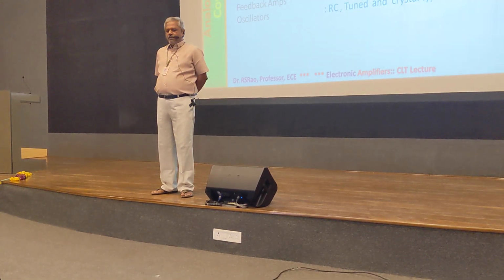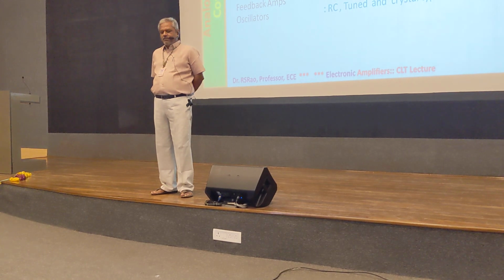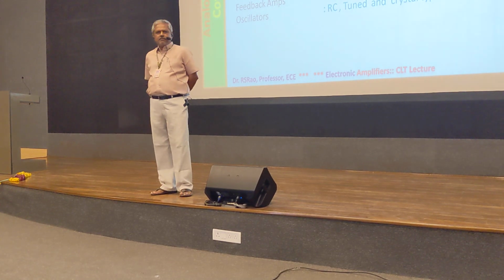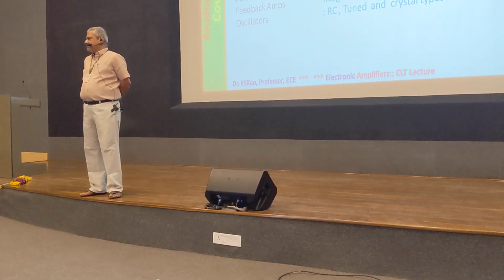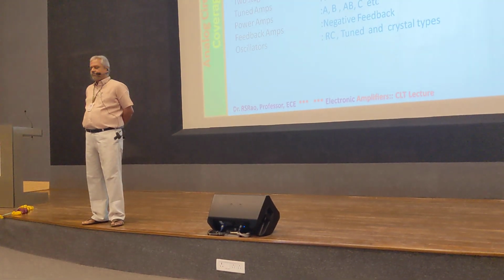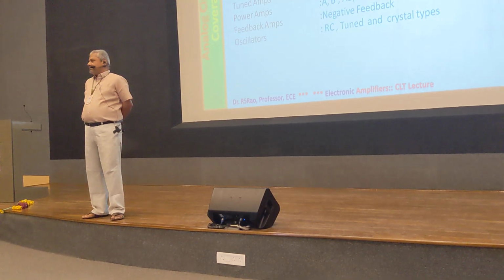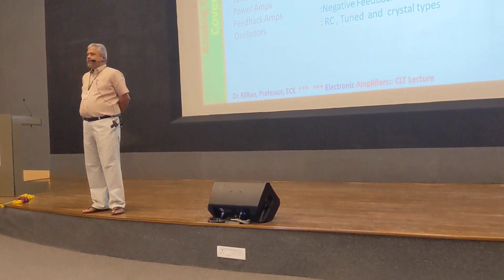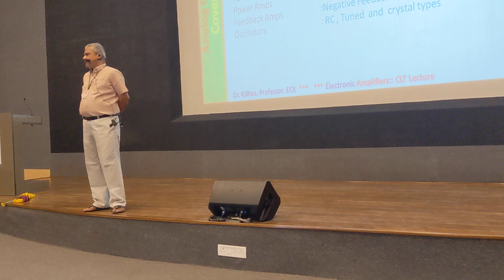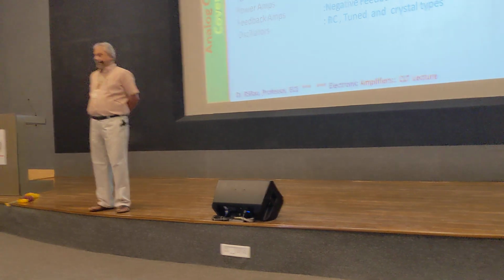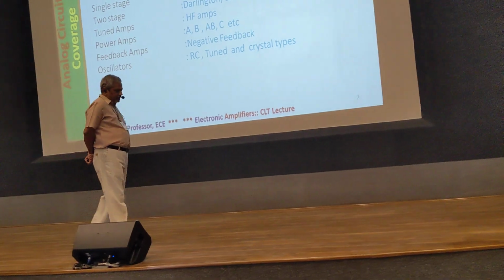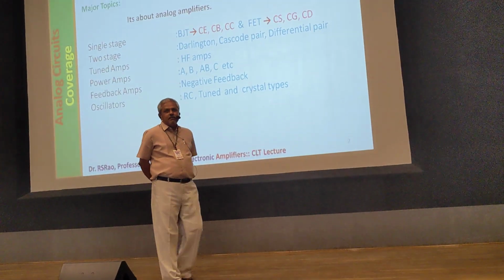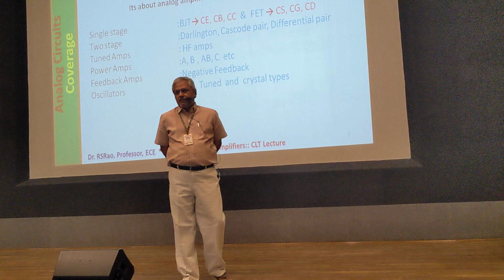All types of amplifiers, single stage, two stage, tuned amplifiers, power amplifiers, feedback amplifiers, oscillators, all these circuits have two versions, BJT version and FET version, except one amplifier. That amplifier is Darlington pair. Darlington pair, or Darlington amplifier, a two-stage amplifier, doesn't have a FET version, only a BJT version.